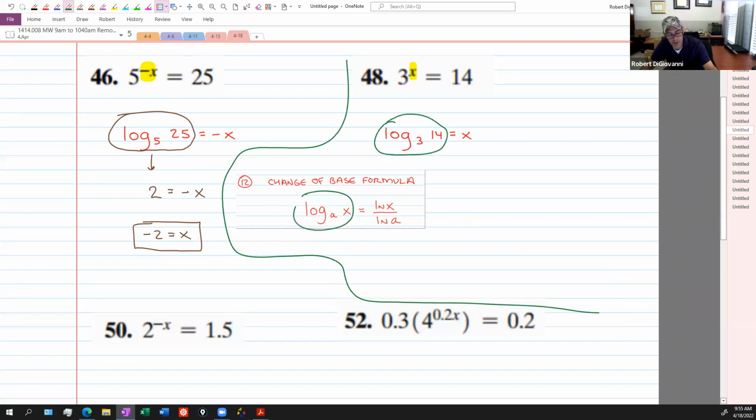Which is this part here. So what this is going to turn into for me is the natural log of 14 over the natural log of 3 equals x. And now I can just use my calculator. I mentioned this to you. This is why your calculator only needs a natural log key. You don't need any other log keys because of this very important formula.